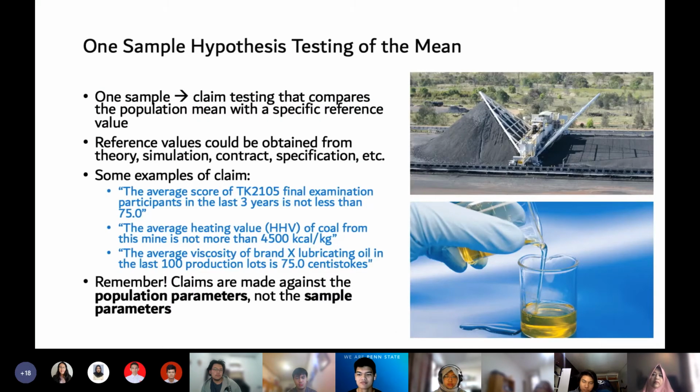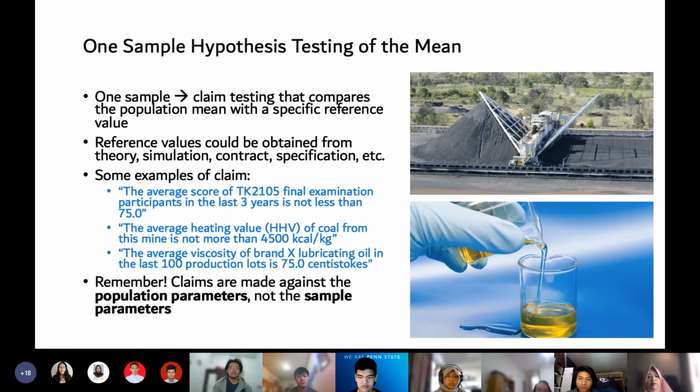One sample hypothesis testing of the mean means that we test a claim that compares the population mean with a specific reference value. An example of a claim is that the average score of statistics class final exam participants in the last 3 years is not less than 75.